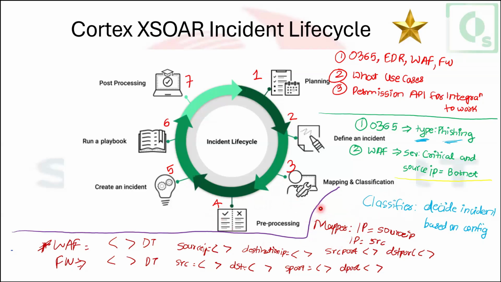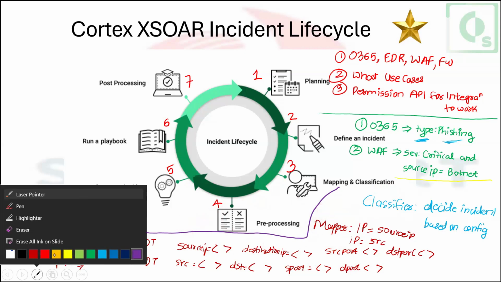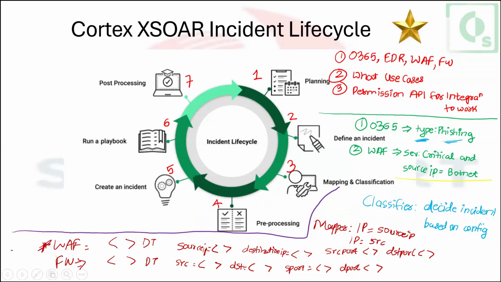So what I will do is, I will create a pre-processing rule. To give an example: if my username is whatever, A, B, C, whatever the name is, and SRC location NE, which stands for not equal to, India, then don't create an incident.